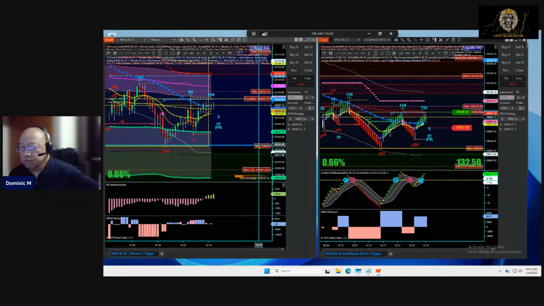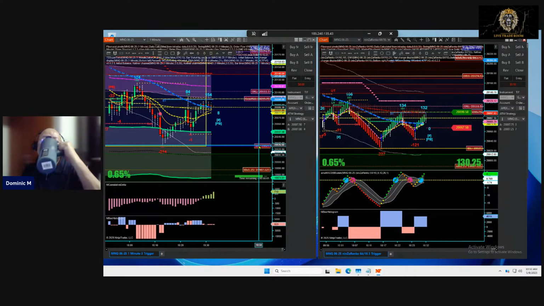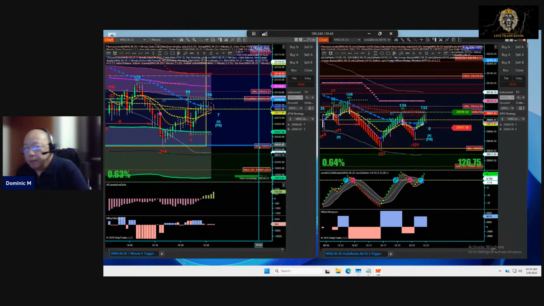Let's see what happens. Still closing above that mid band. I'm talking about the 1 minute bar. See, we're still closing above.